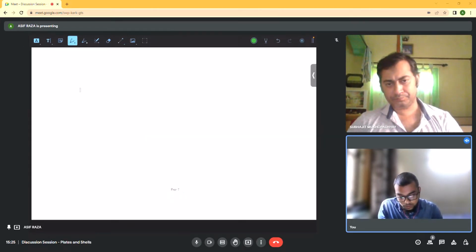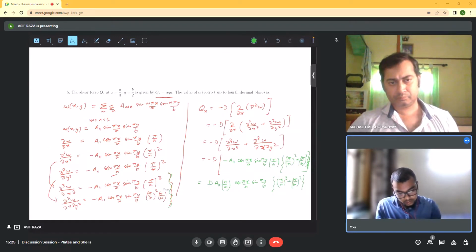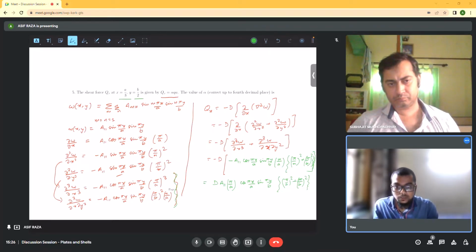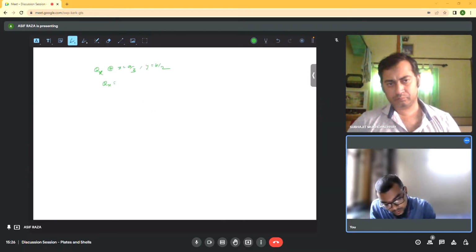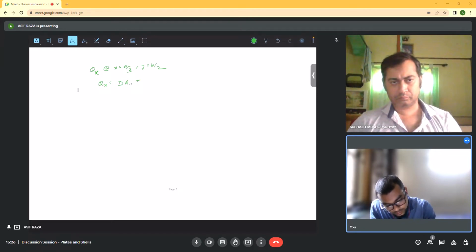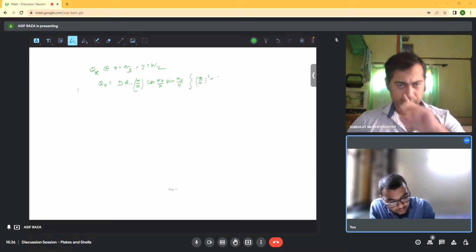Okay. So we need to find the value of Qx at x equal to a by 3, y equal to b by 2. We have the value of Qx as D a11 (π/a) cos(πx/a) sin(πy/b) by a square.